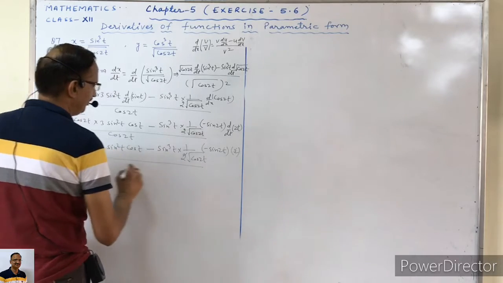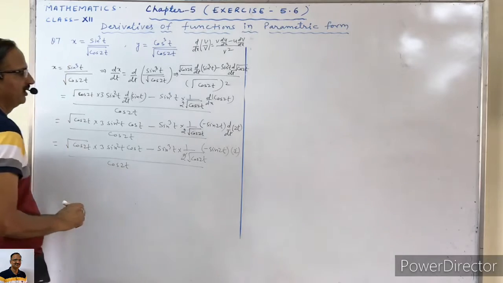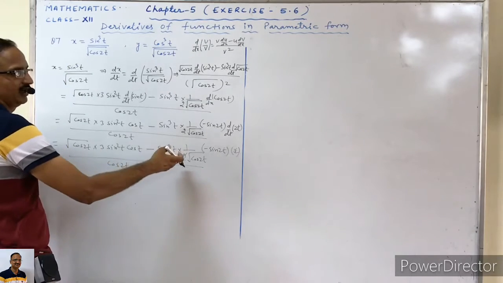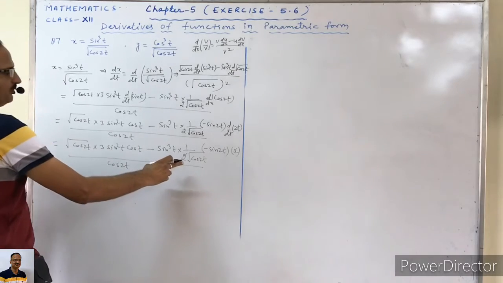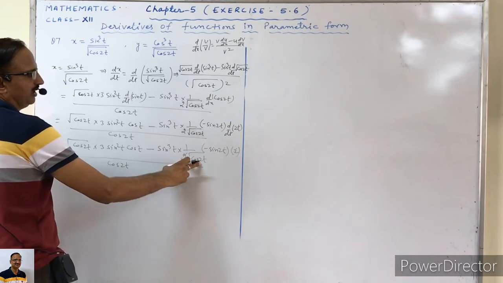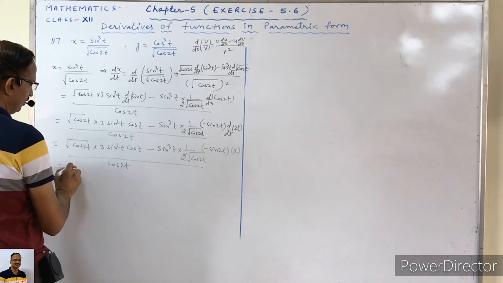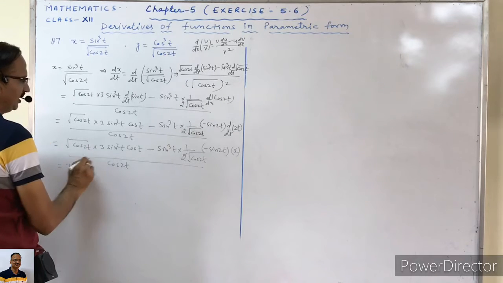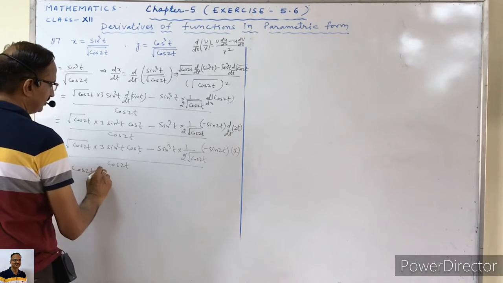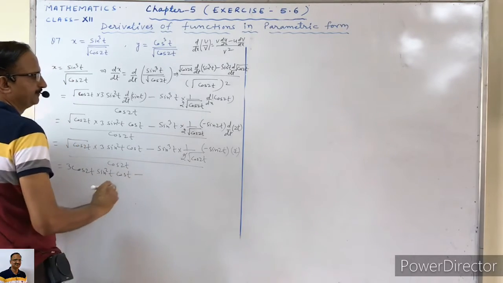Now in the denominator we have cos 2t. In the numerator, by taking the LCM we will simplify. When this root cos 2t is multiplied with this root cos 2t, it is cos 2t, this 3 is here, and this is sin²t cos t, minus.